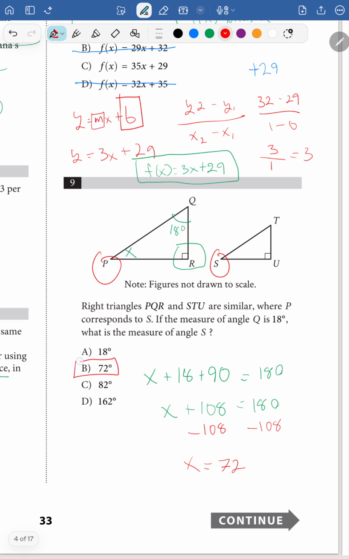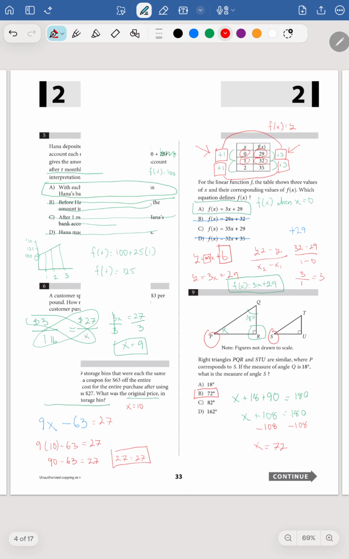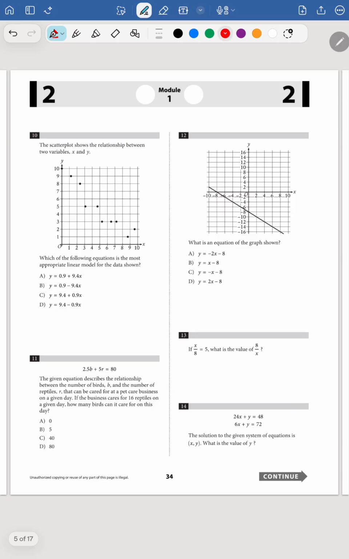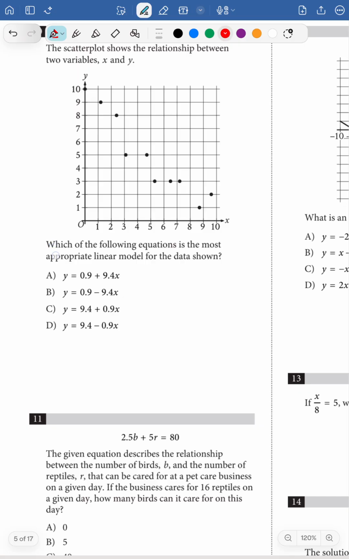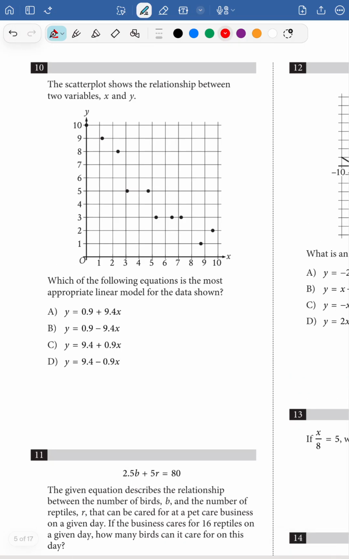All right, question 10. The scatter plot shows the relationship between two variables, x and y. Which of the following equations is the most appropriate linear model for the data shown? Now, it's important to look at these scatter plots, and if you want, you can make your own line of best fit first, just to give you a rough estimate of what the equation is supposed to look like.